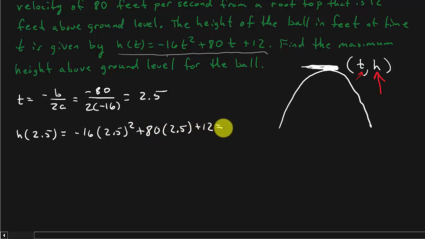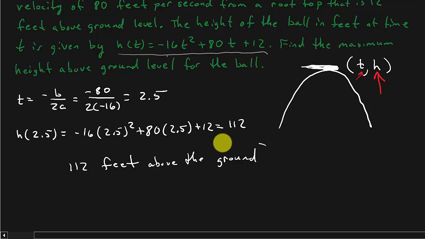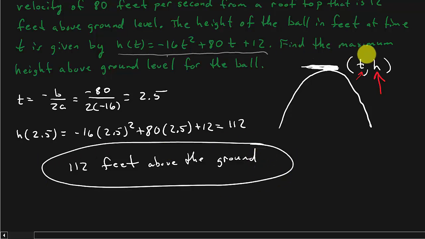And that ends up giving us 112. And so it's 112 feet, right? 112 feet above the ground. That is the maximum height above ground level for the ball.